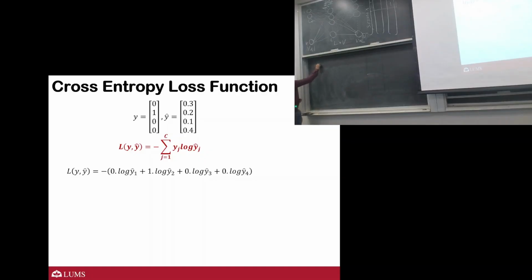CBOW says use multiple words which are actual neighbors to predict one word.